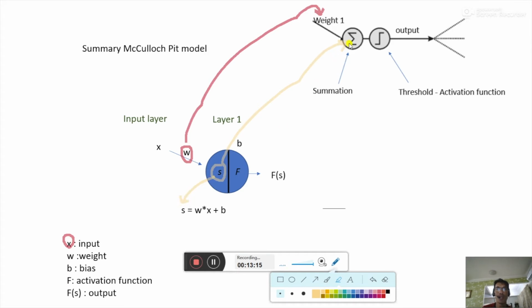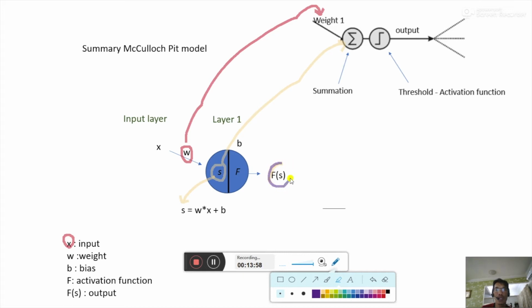So the summation can be S equal to W multiplied by X plus B. This W and B are considered the synapse. W is a weight, and B we call a bias. The scientists put B there, and then this is the output.